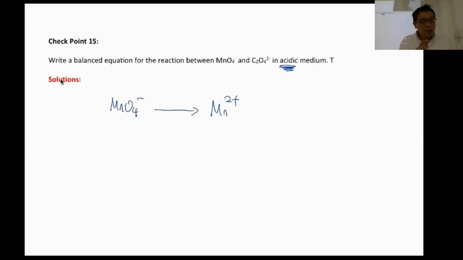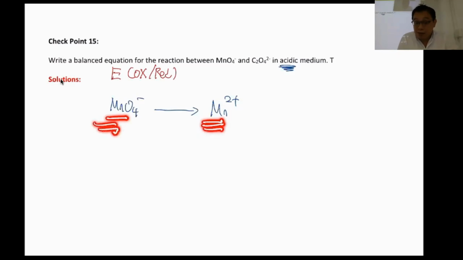Now, we need to balance this equation. To balance this equation, you need to follow this formula. Balance the element first with oxidation or reduction. Meaning that the element that undergoes oxidation or reduction, you will balance it first. In this case, Mn is the one that undergoes reduction. Make sure they have the same amount.